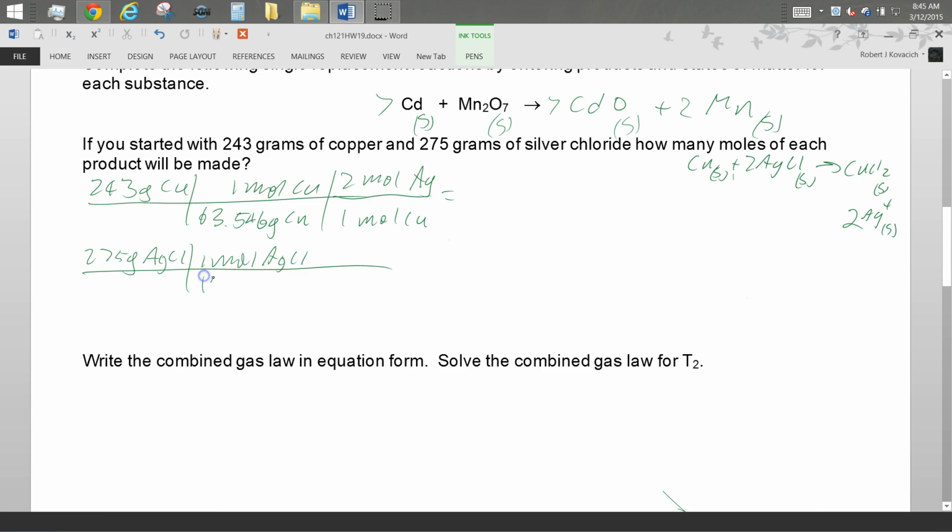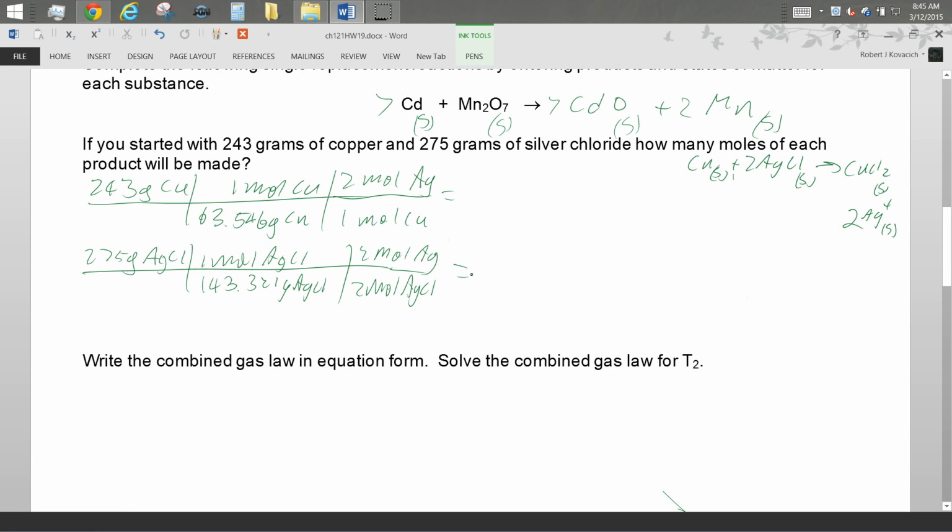And so I get 321, no, 143.321 grams of silver chloride. And then for every 2 moles of silver chloride, I have 2 moles of silver.